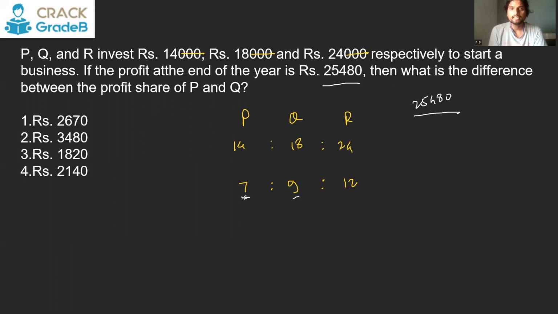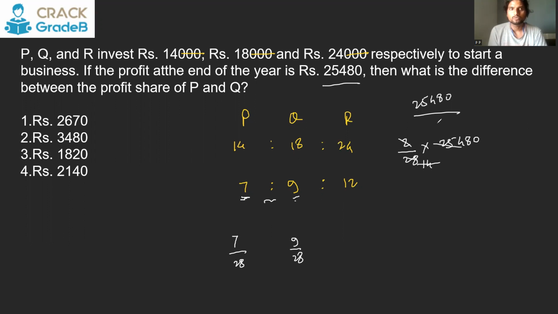So we know P is getting 7 parts out of 7 plus 9 plus 12, 28 parts. So P is getting 7 parts of 28 parts and Q is getting 9 parts of 28 parts. That means the difference between these two will be 2 parts of 28 parts of 25,480. So just divide it by 14.